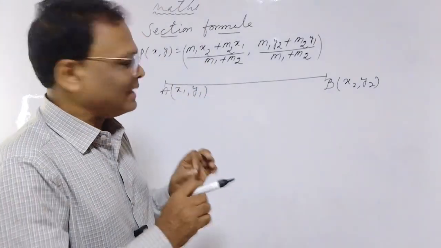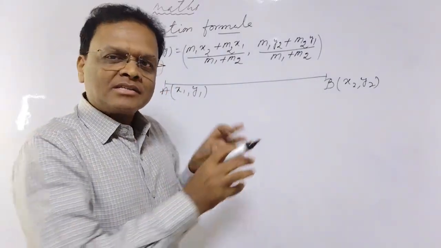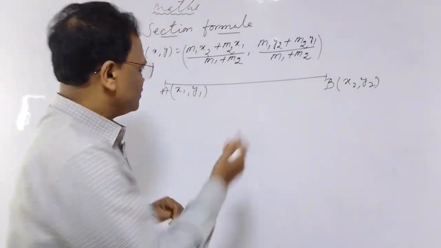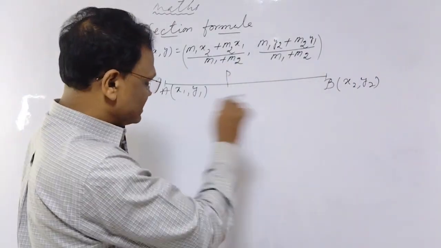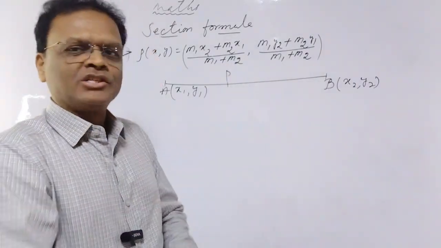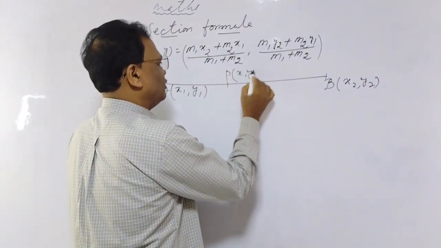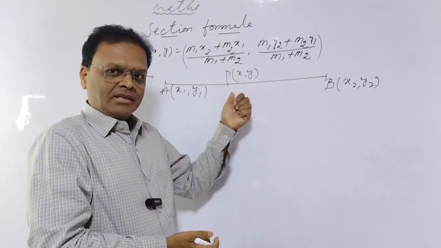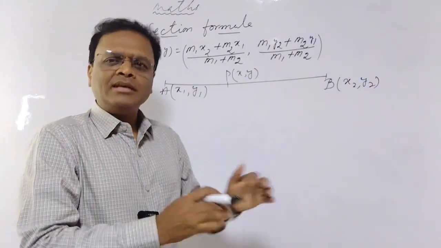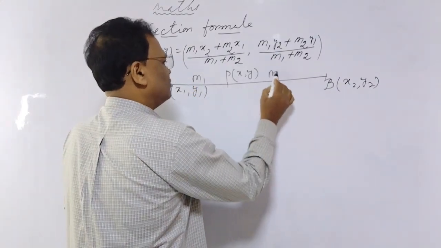Now let me take a point on this straight line which divides it into some parts. Suppose P is a point which divides this line AB in some ratio, and suppose the coordinates of P are (x, y). We don't know the coordinates of this point. Let the ratio be m1 and m2.